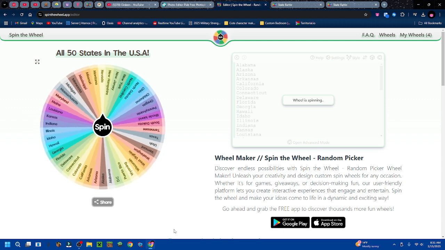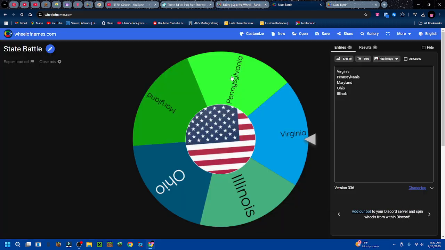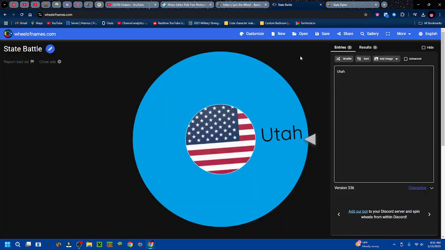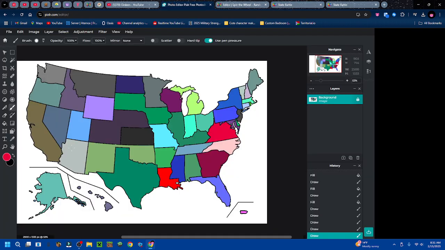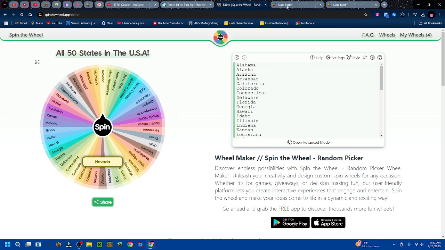Next up is Nevada. What are they going to be doing? Nevada. I know they border Utah and California. Who else do they border? Border New Mexico, Idaho, Oregon.